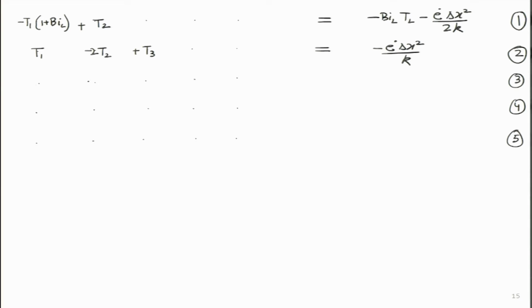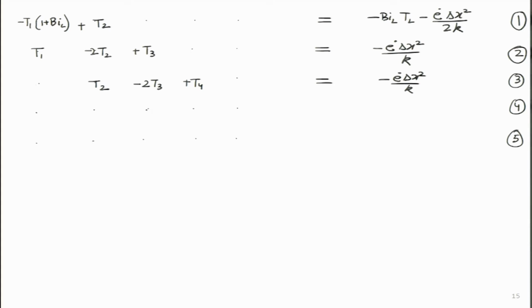So, let us see how I write that. Just T1 becomes T2, minus 2 T2 will become minus 2 T3, and over here it will become T4. Right hand side will remain the same, E dot delta x square by k. You see how easy it becomes.